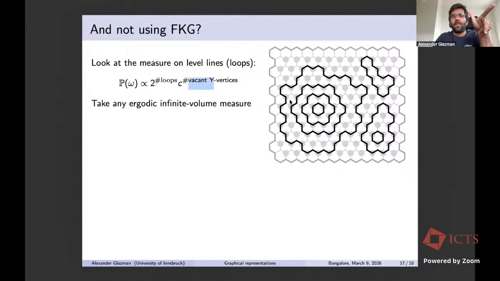This bipartite graph has vertices of this type or the reverse. We look only at those which correspond to the upward oriented triangles. That's your measure. And you take any ergodic infinite volume measure and its finite volume distribution.